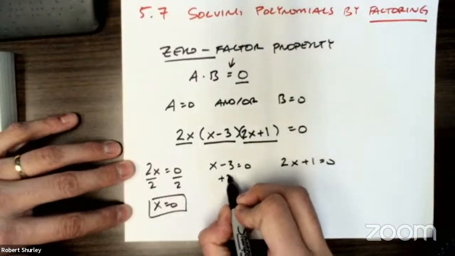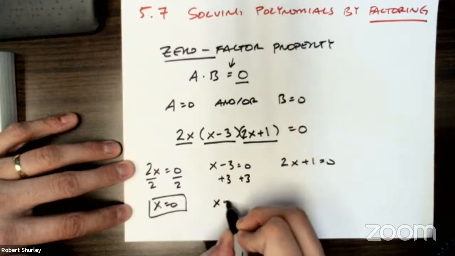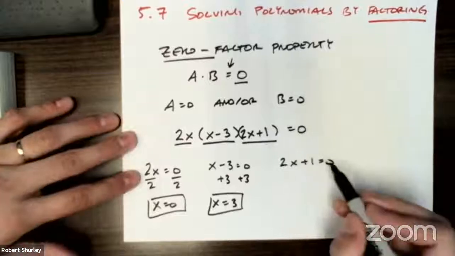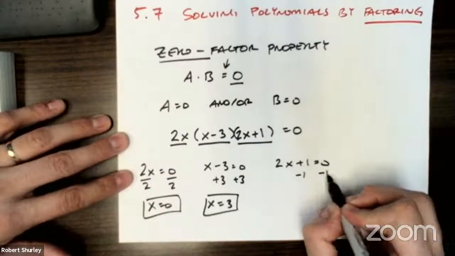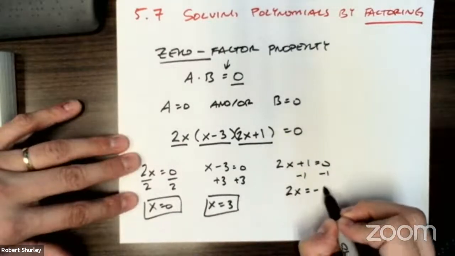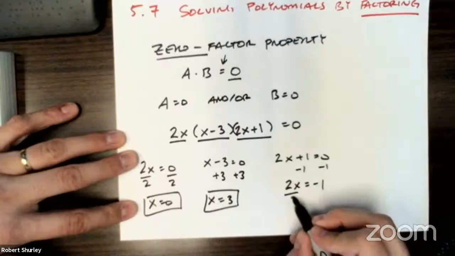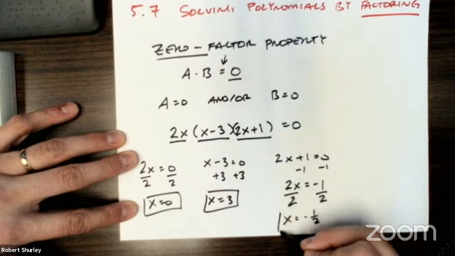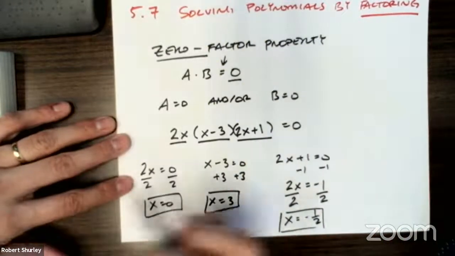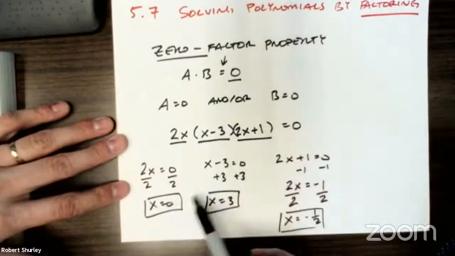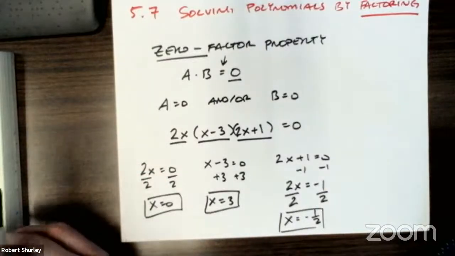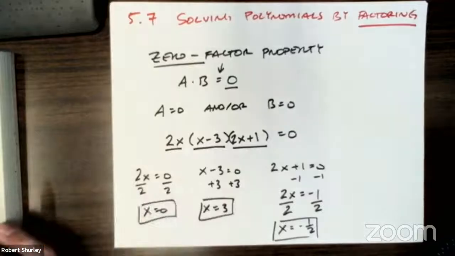For x minus 3, I add 3 to both sides and get x equals 3. We knew that one already, right? 3 minus 3 is 0. Now 2x plus 1, we subtract 1, so we get 2x equals negative 1, and then divide by 2. So we wind up with x equals negative 1/2. Kind of neat, okay? And notice, we had 3 factors and we have 3 solutions. That's not a coincidence at all.